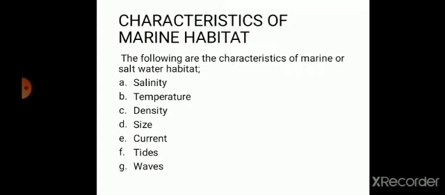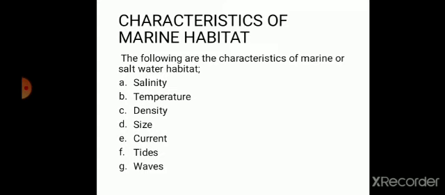It means the concentration of salt in the water. Any water that contains a high degree of salt is said to have salinity. So salinity is one of the characteristics of a marine habitat.